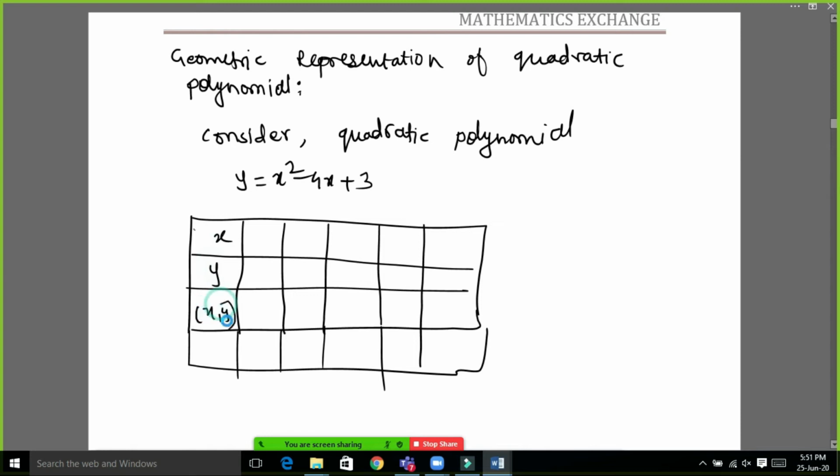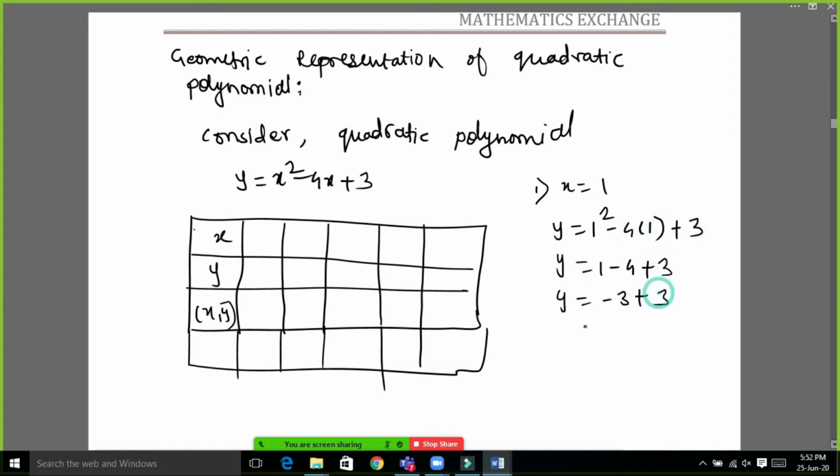So x, y, and let us first take x is equal to 1. Now in this equation we substitute 1. y is equal to 1 square minus 4 into 1 plus 3. We get y is equal to 1 minus 4 plus 3. y is equal to 0.